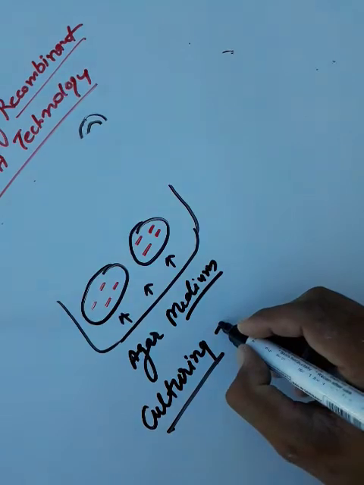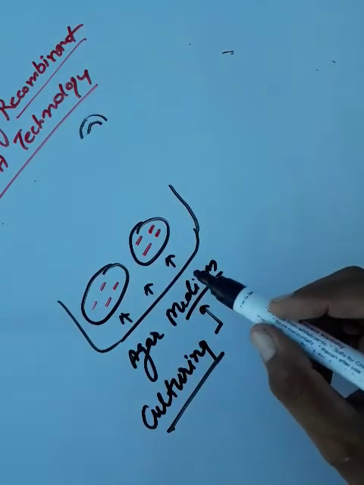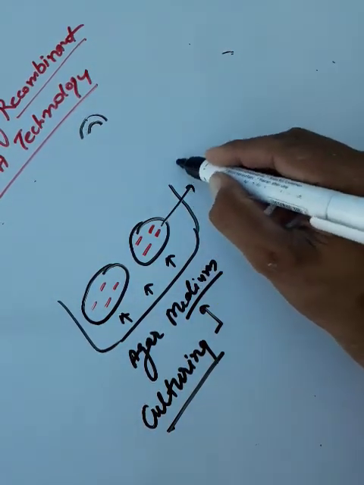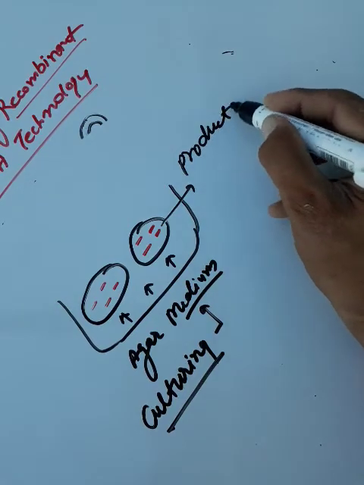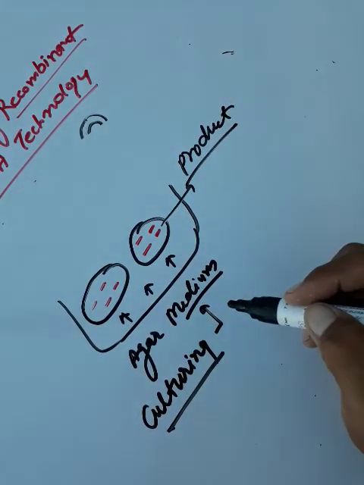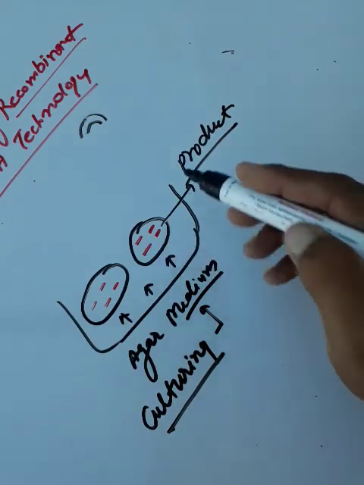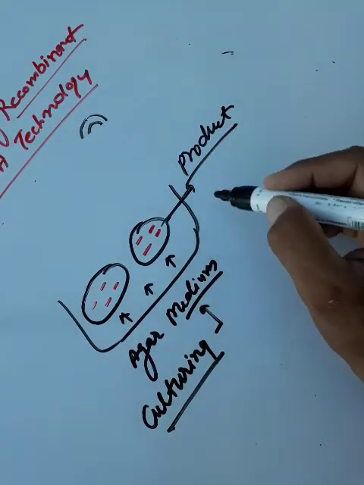Culture means to provide nutrition to the desired material, and after that we can form many products with the help of this DNA. Those types of cells have the desired DNA. After that, they will form the desired type of products.